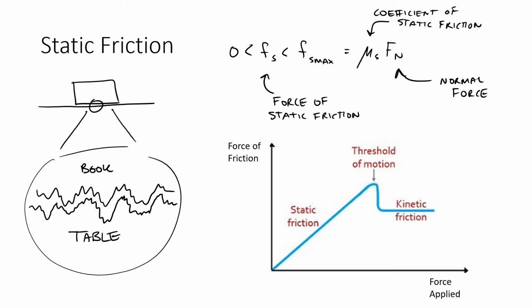That's sort of like me saying, I could have 0, or I could have a little bit, or I could push it all the way up to when it starts moving, and that's the maximum static friction. That's for this peak you see right here. So each object has a different sort of range or different limits.